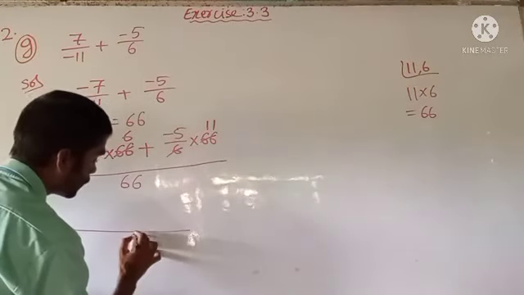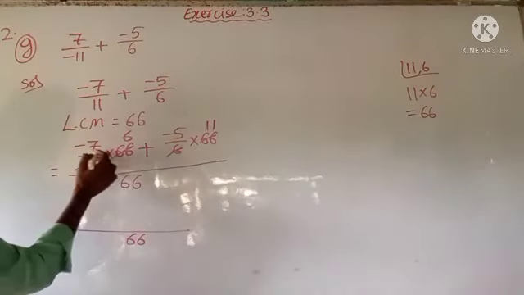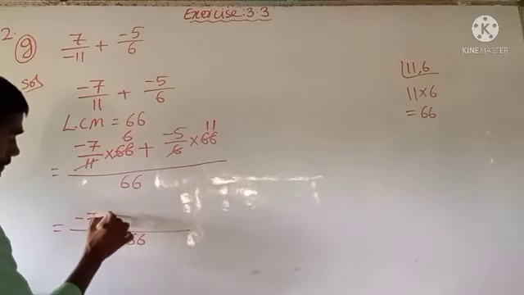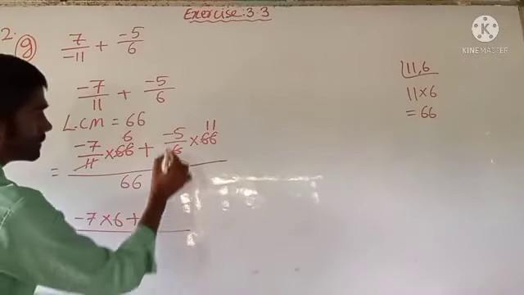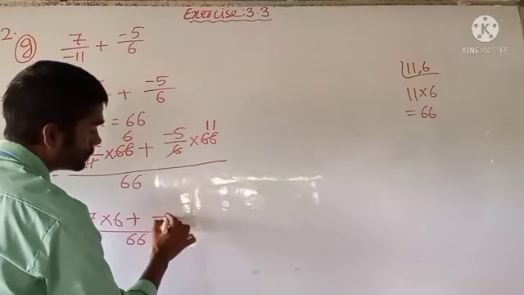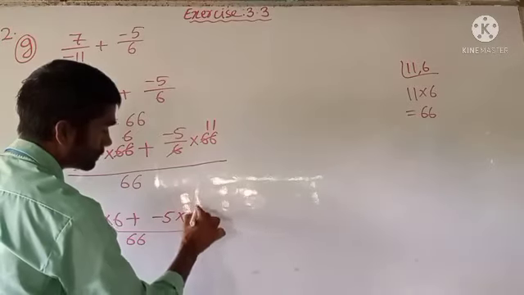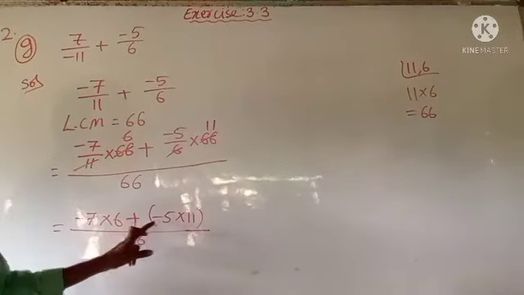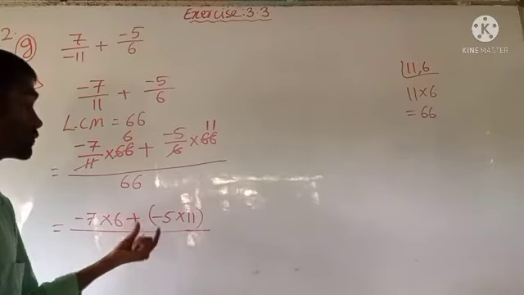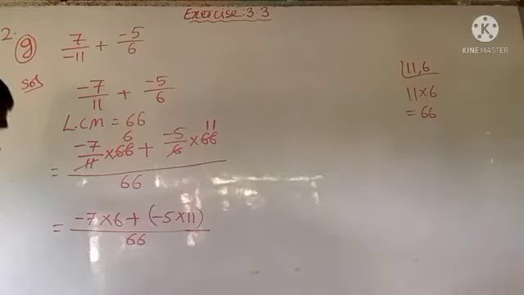Now let us write what is left. That is minus 7 into 6 plus, under bracket, minus 5 into 11. Why did I write this under bracket? Because plus and minus sign both are together, so we are writing it under bracket.